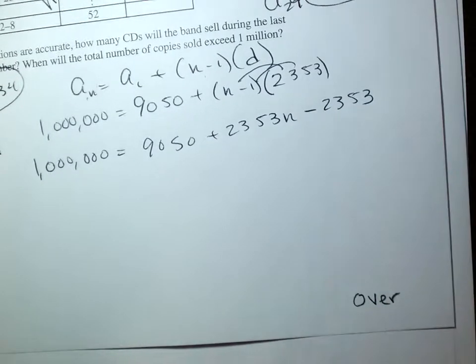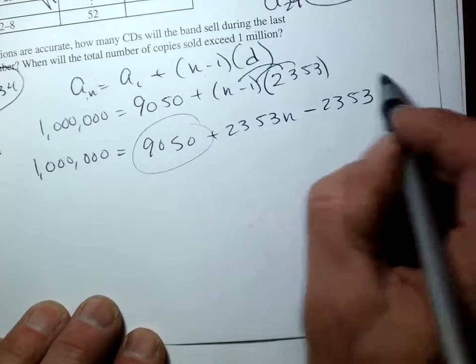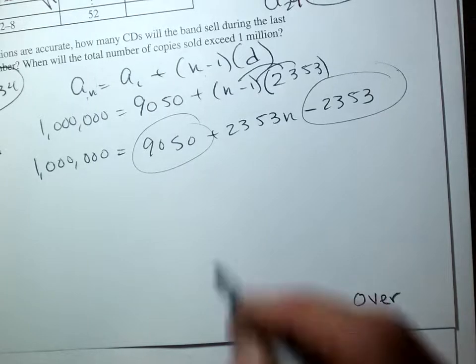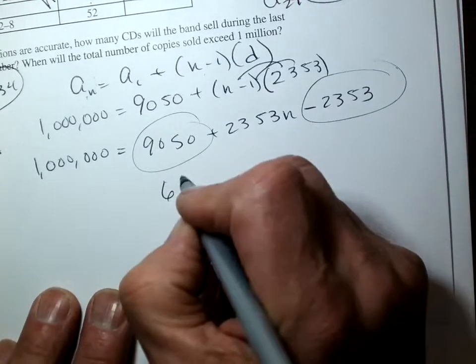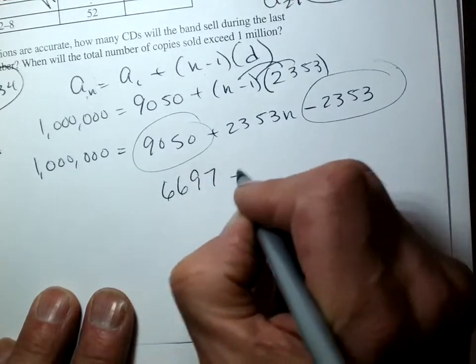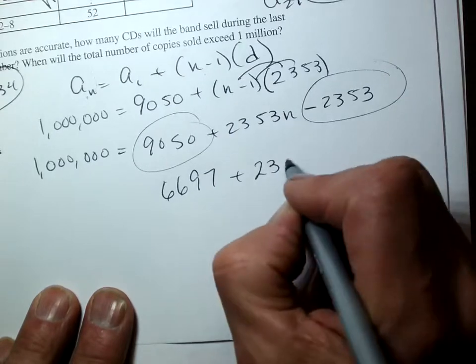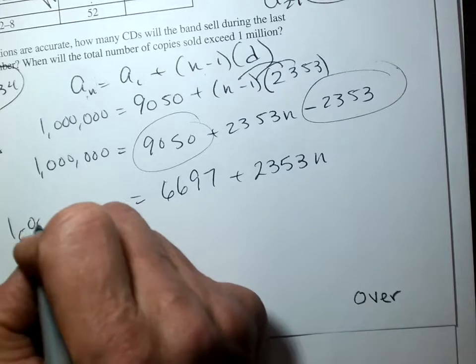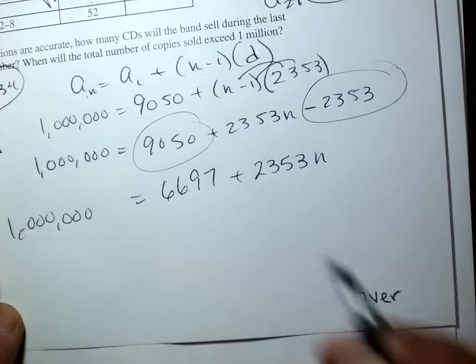Now to continue to solve, I can combine these two because they're both regular numbers, right? 9,050 minus 2353, and I get an answer of 6,697 plus 2353n equals 1 million. How am I doing?